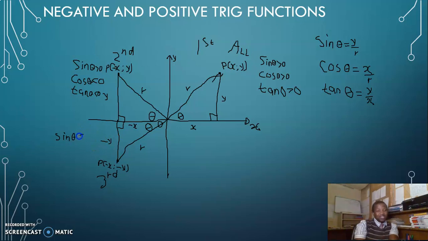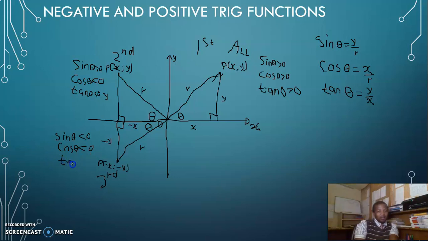So sine theta is less than 0. And then what about cos theta? Cos theta is adjacent, which is minus x, over hypotenuse, which is positive r. So minus and then positive, so the whole thing is minus. So our cos theta is also negative here.